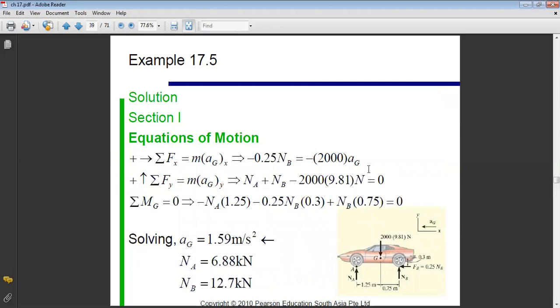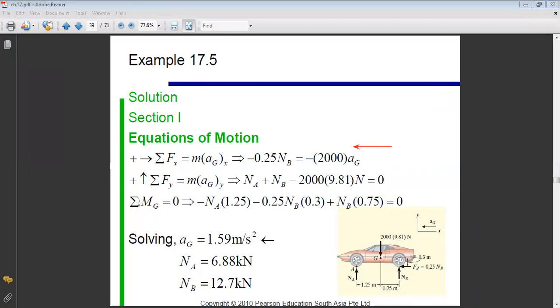Or I can take the positive direction to the left, and my equation will be plus 0.25 NB equals MAG. So this is my first relation. My second relation is sum of y equals 0, so I have NA plus NB minus the weight equals 0.